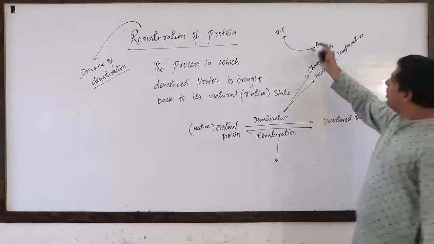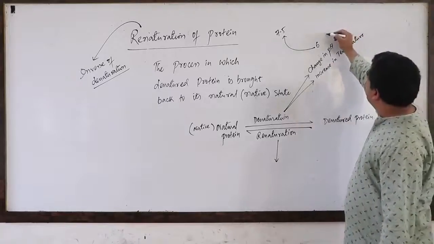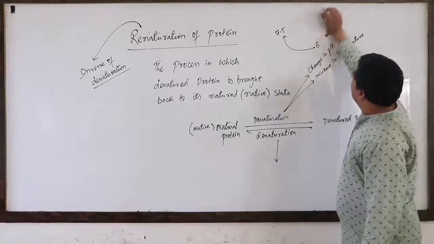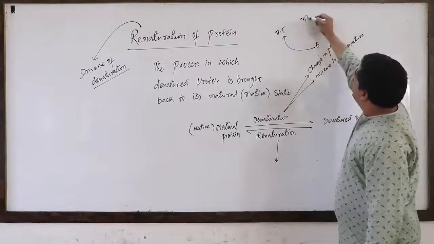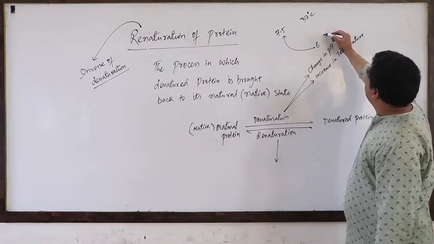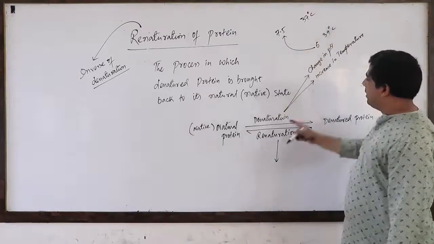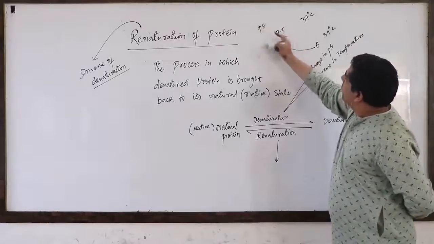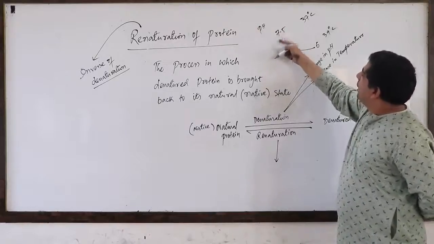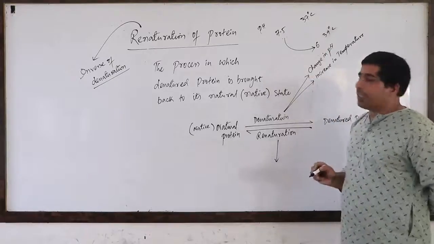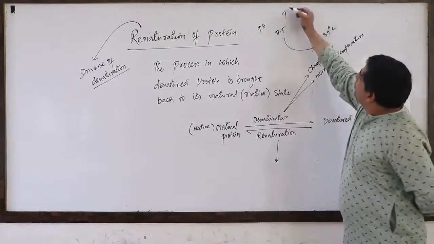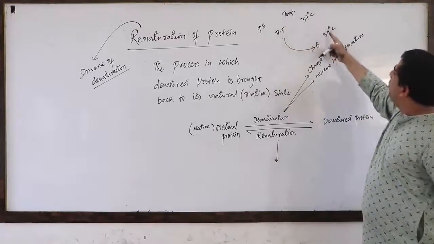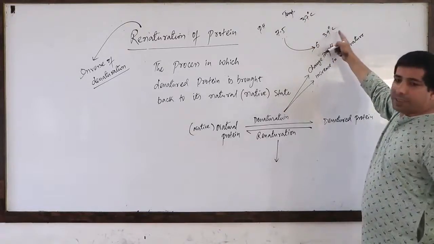Let us suppose the normal temperature was at the beginning 37 degrees Celsius, and you have changed it to 39 degrees Celsius, then denaturation has taken place. Let's suppose this was the normal pH 7.5 and you have changed it to 6, correct? And the temperature was 37 degrees Celsius and you have made it 39 degrees Celsius.